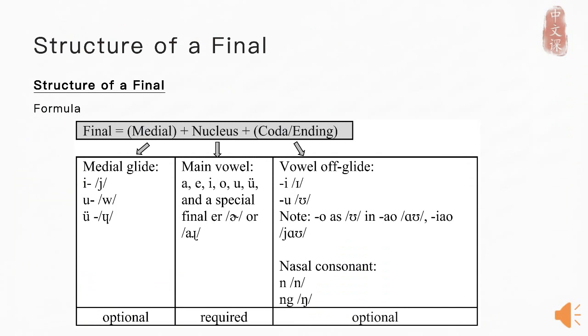The coda or ending is optional and can be represented by the vowel or glide I, U. Note: the letter O in AO and IAO finals marks the U glide. The coda or ending can also be represented by nasal consonants N, NG.